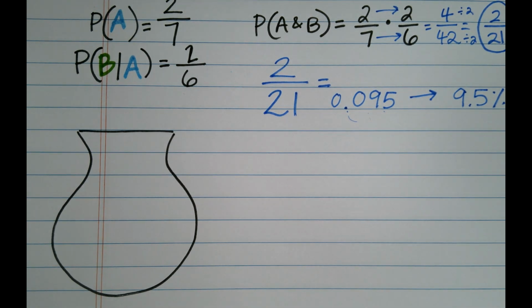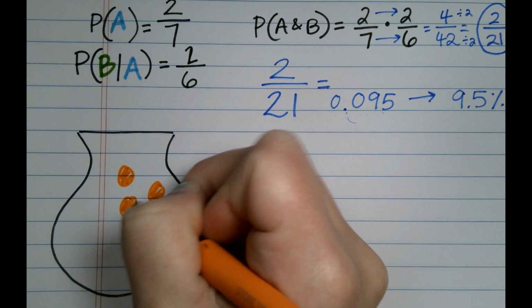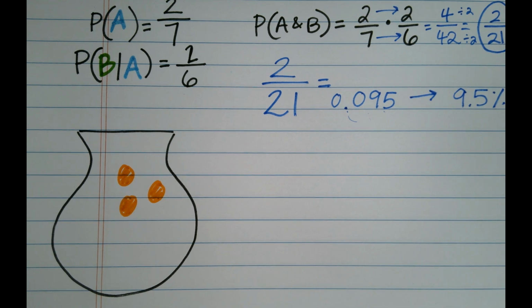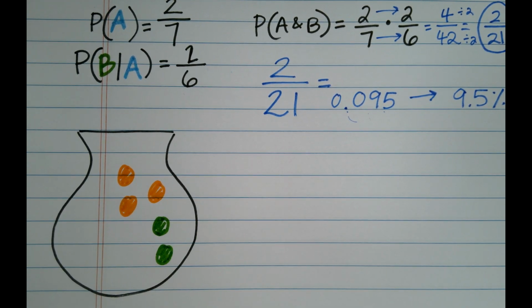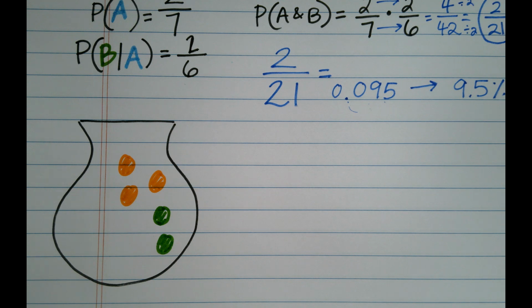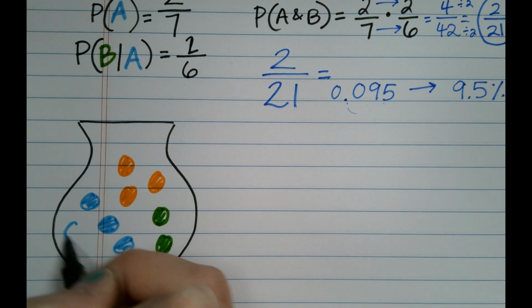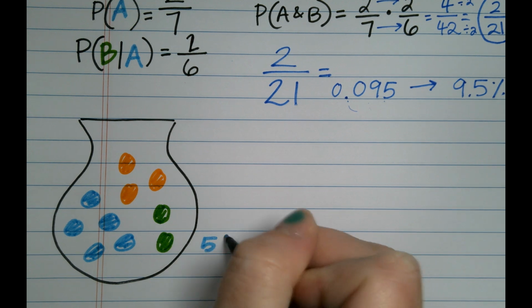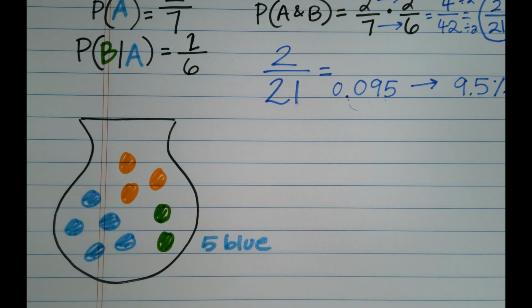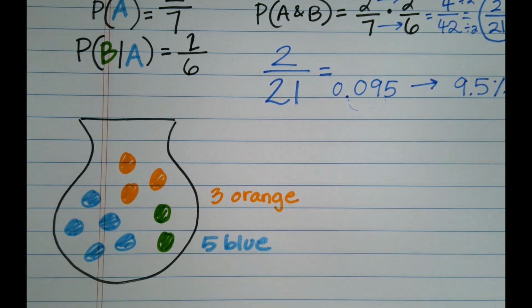Okay, and in that bag there are 1, 2, 3 that are orange, and 2 that are green. 1, 2, 3, 4, 5 that are blue. So I'll just list those out. 5 blue, 3 orange, 2 green.